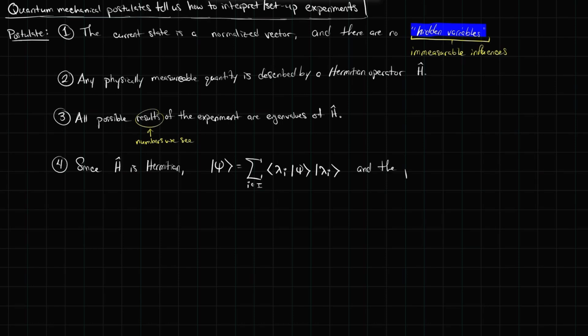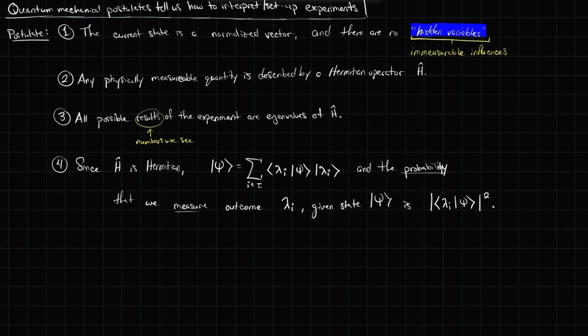And the probability that we measure, so it's all about the probability that we measure a specific outcome. We measure the outcome lambda i given the state psi is the magnitude of lambda i against psi, squared.